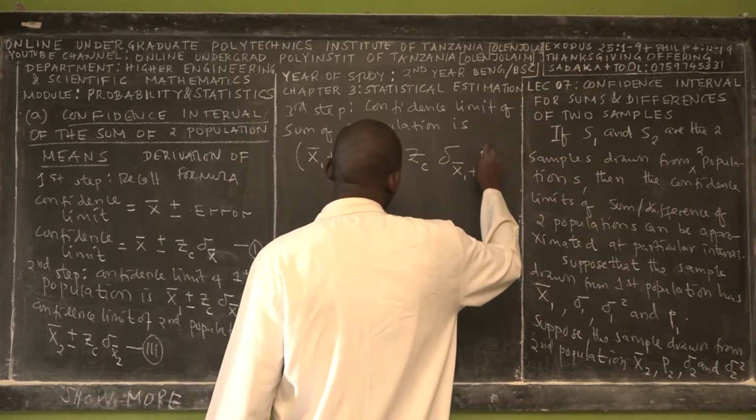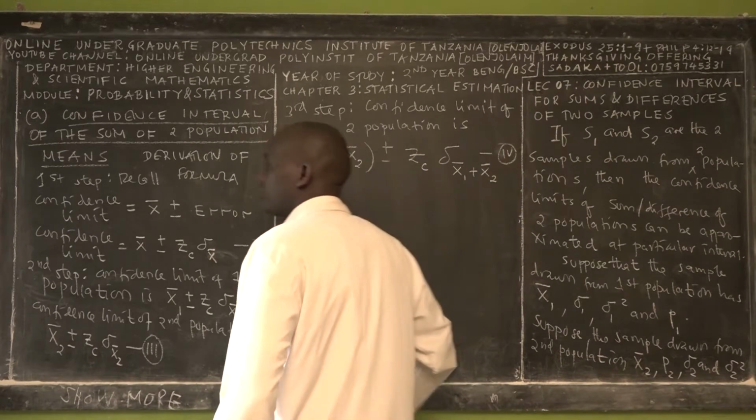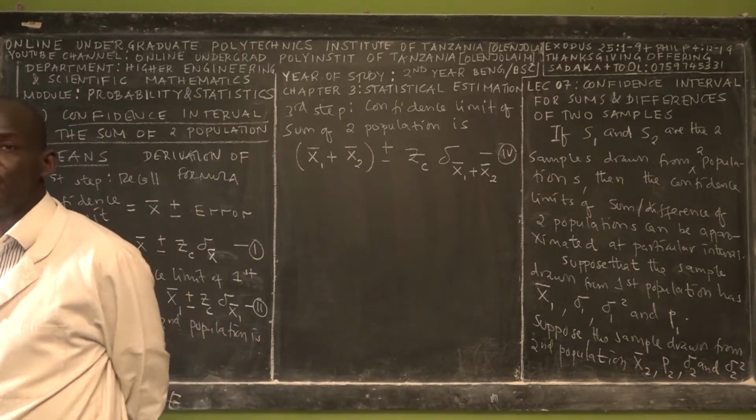This will make equation 4. So this is the combination up there, if you understood.